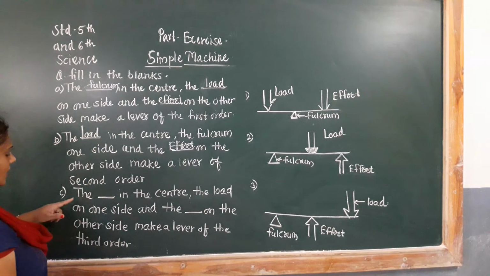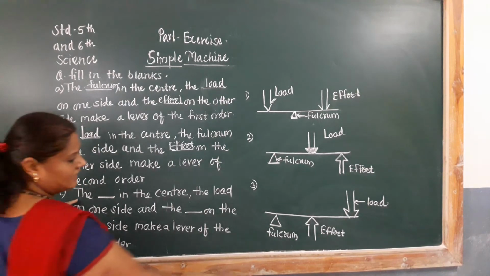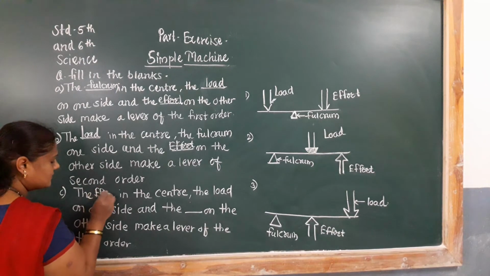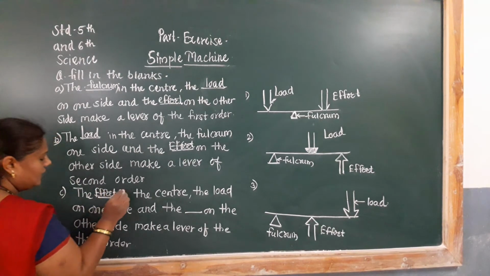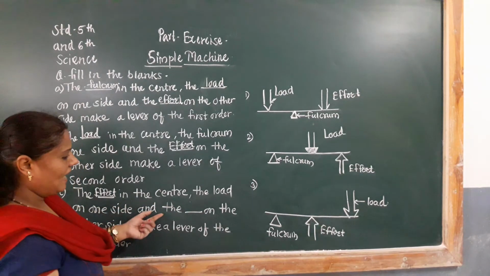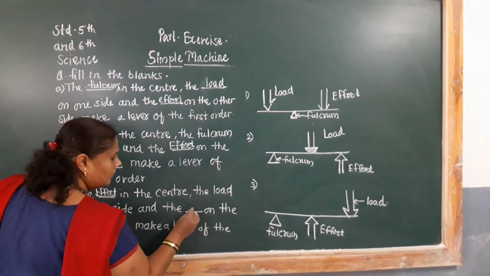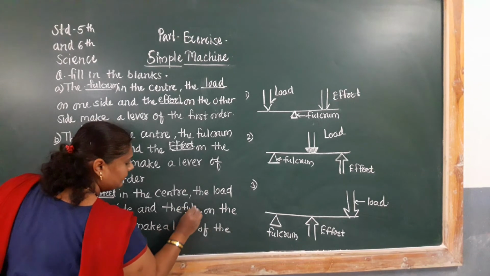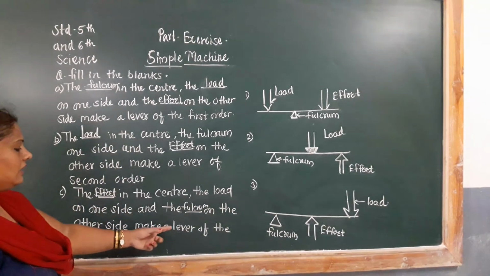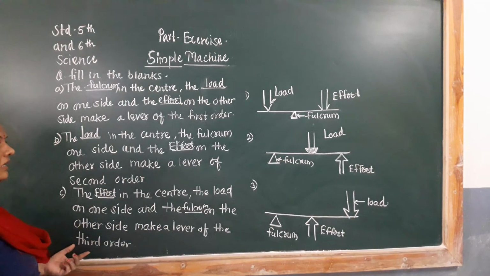Okay, in the third, the dash in the center. What is in the center? Effort. Effort in the center, the load on one side and the fulcrum on the other side make a lever of the third order.